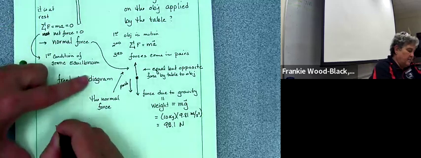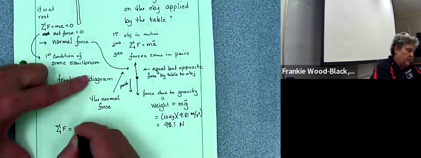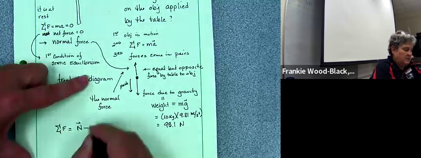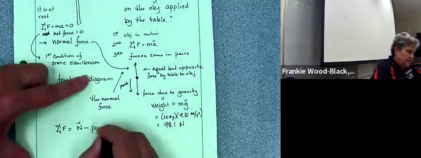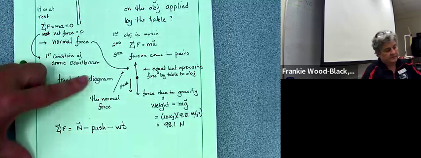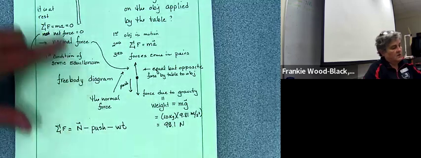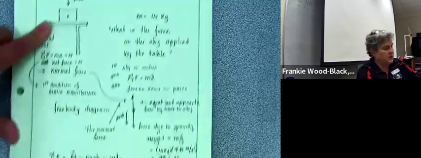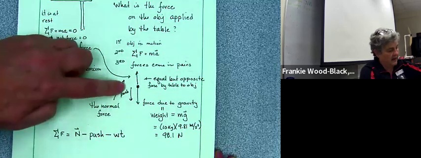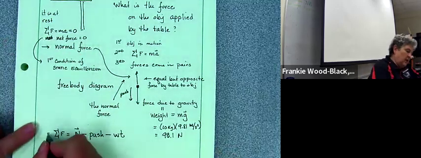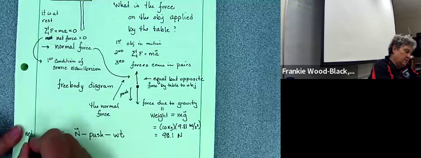So if I write the sum of my forces, they are going to equal the normal force in the upward direction minus the push minus the weight. So if I'm applying a push here, just like this picture, and I've drawn my free body diagram, I can write my sum of forces, which is going to equal my net force.